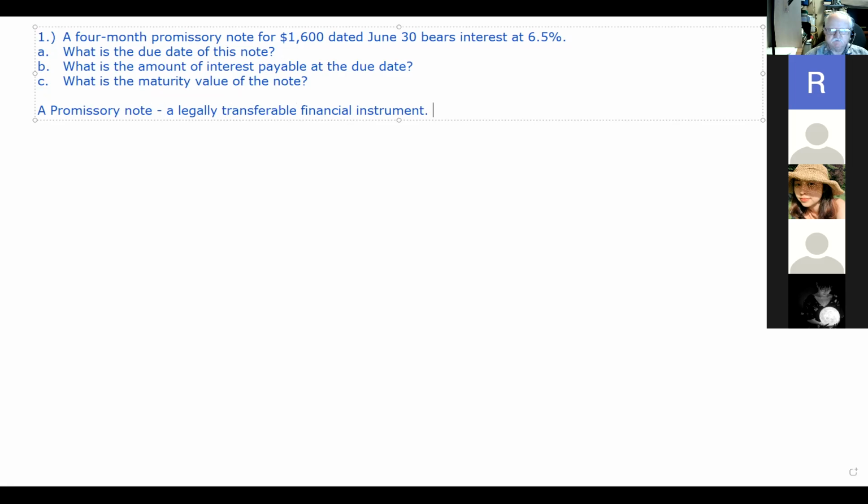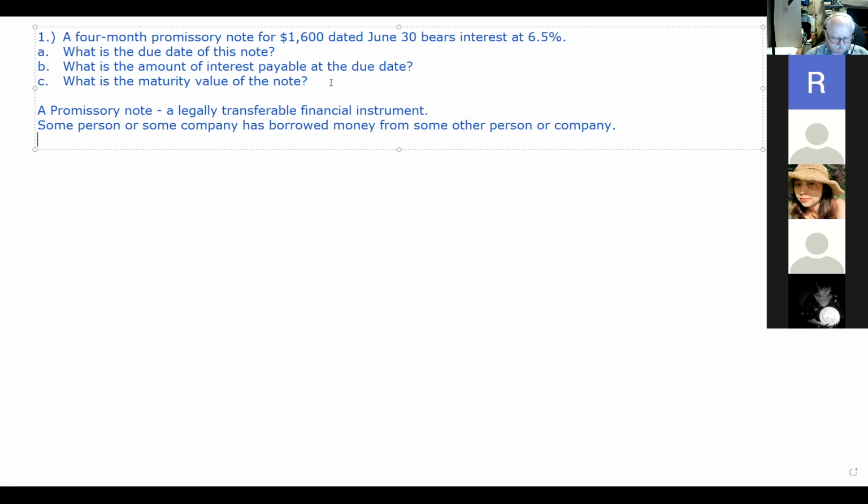What it represents is someone or some company has borrowed money from some other person or company. And the piece of paper has to contain several important pieces of information.